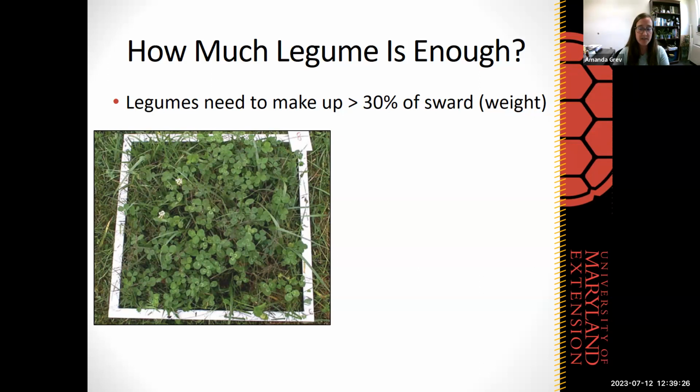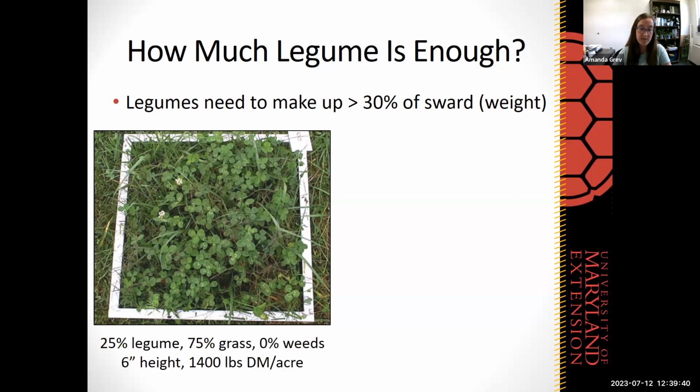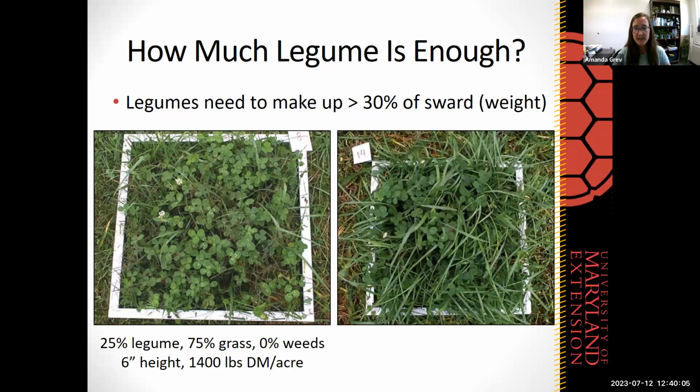If we were to actually clip that square, all the forages inside that square, separate out the clovers and the grasses from each other, and weigh each of those components, we actually have only 25% legume, 75% grass, and 0% weeds in this one. And so I say this to illustrate that sometimes it can be deceiving, especially with clover. It has those wide, broad leaves, and it might look like there's a lot of clover out there, but oftentimes if we actually weigh it, there tends to be less than what we're thinking there is, just looking at it visually.